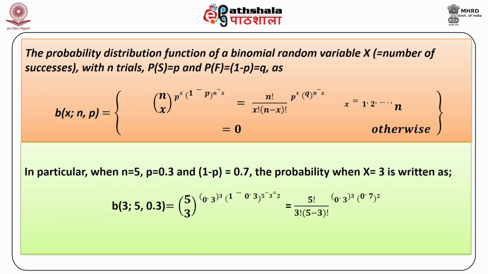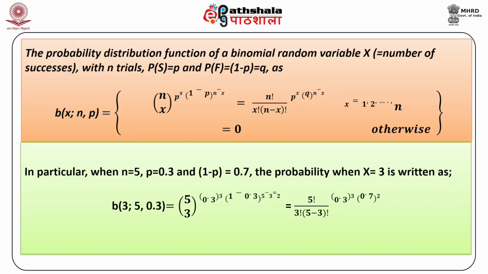On simplification, this comes out to be equal to 5 factorial upon 3 factorial into 5 minus 3 factorial into 0.3 raised to power 3 into 0.7 raised to power 2. So you can solve these values and simplify and find out the required probability.